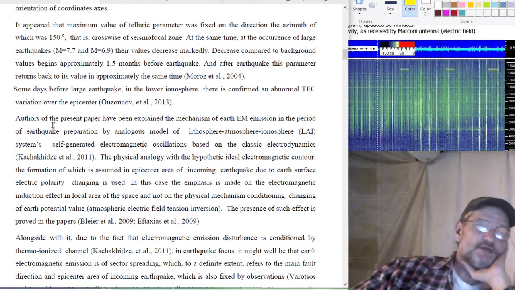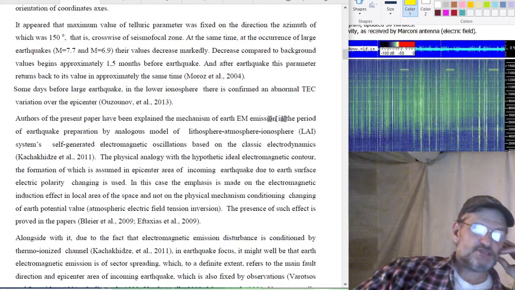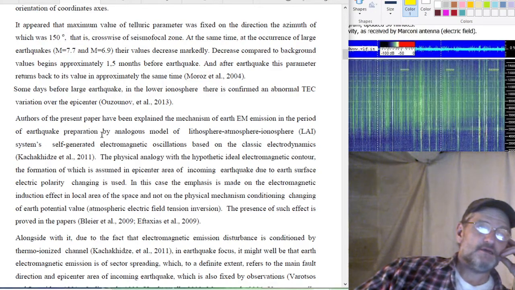Authors of the present paper have explained the mechanism of Earth EM emission in the period of earthquake preparation by analogous model of lithosphere, atmosphere, ionosphere, LAI systems, self-generated electromagnetic oscillations based on the classic electrodynamics, Kachakhidze in 2011.